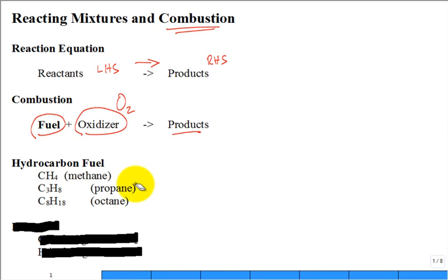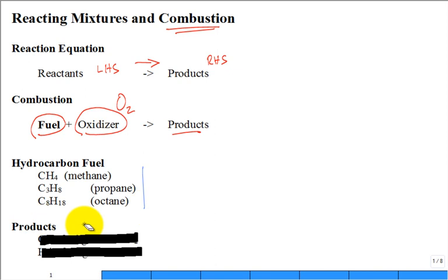How many people know if they have propane heating in their home? Nobody? Only one? There's usually a few that do, okay? So these are at least three hydrocarbon fuels. There's other ones. Acetylene. How many people are welders? Yes, acetylene is a hydrocarbon fuel.